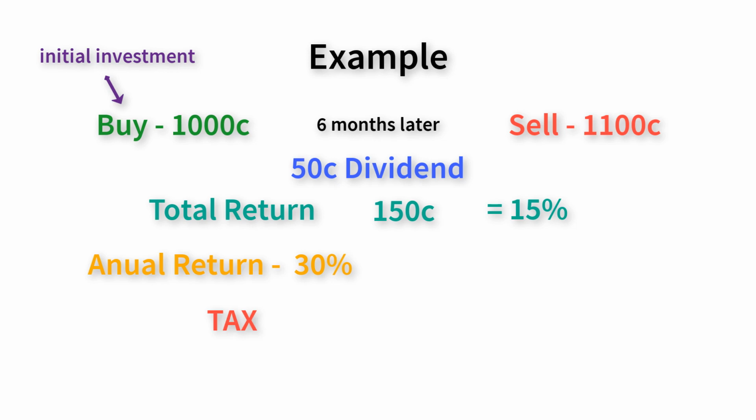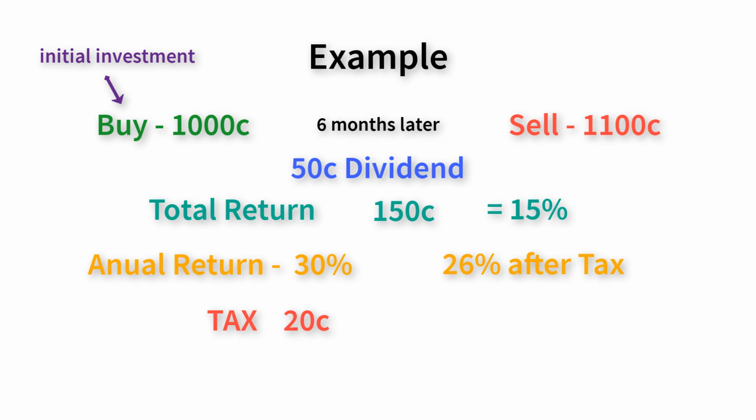But let us assume that in this case you end up paying 20 cents of your 150-cent return in tax. That means that your annualized after-tax return is actually 26%, 260 cents made on an investment of 1,000 cents over a year.